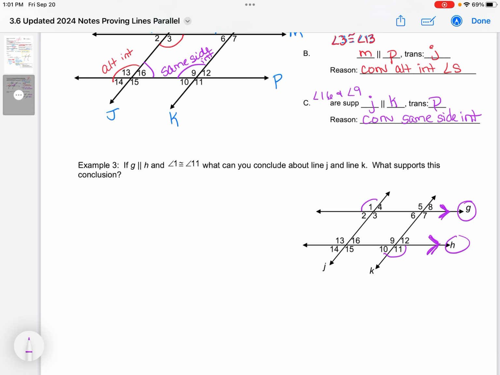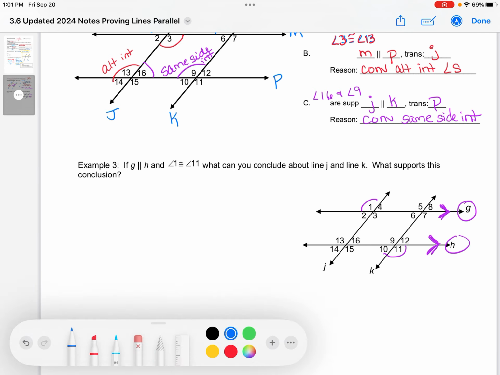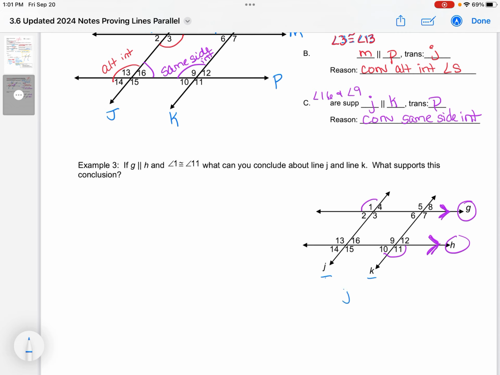I think J and K are parallel, but how would I prove that? Well, let's see. 11 and 7 are corresponding, so 11 and 7 are congruent. I'm going to do my own little proof here.